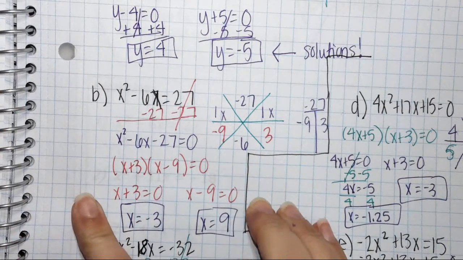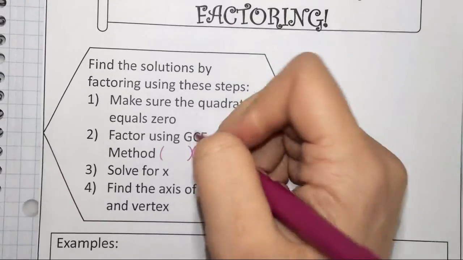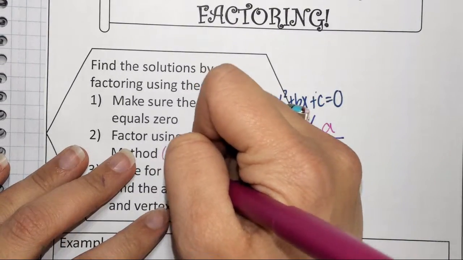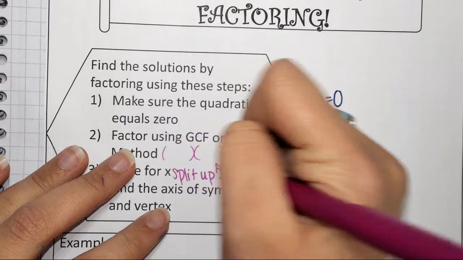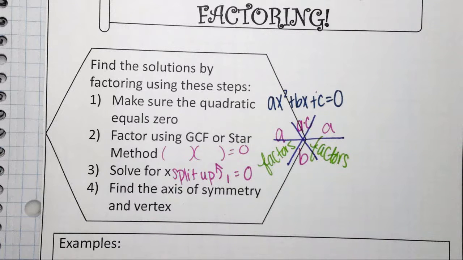We split them up and set it equal to 0. So split up, set it equal to 0. And that gives us our solutions, right? What are solutions to a quadratic?